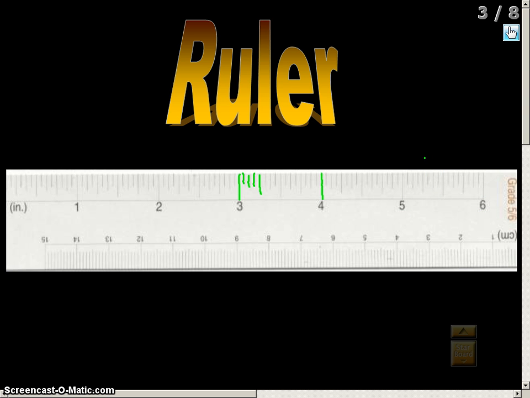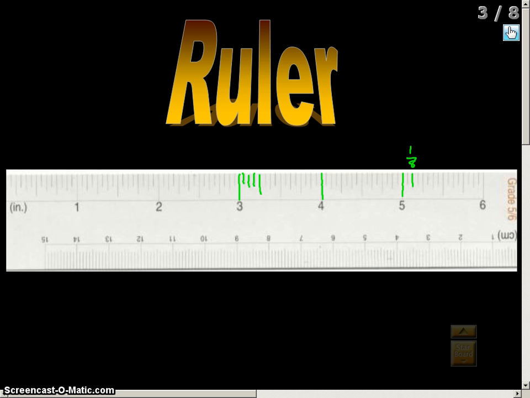Now we're going to take a look at an eighth of an inch here. And it's important to understand that an eighth of an inch is actually smaller than a quarter of an inch. So we're going to start out with our 5 there, and then every other line after our 5 is going to represent an eighth of an inch. We have this line right here is 1/8.